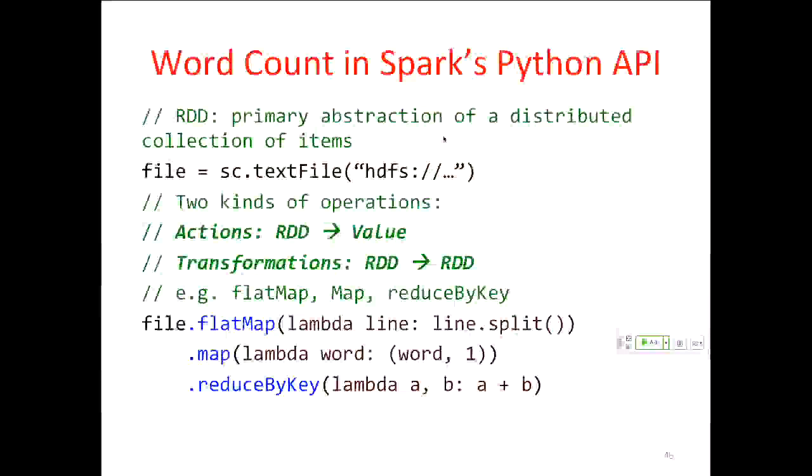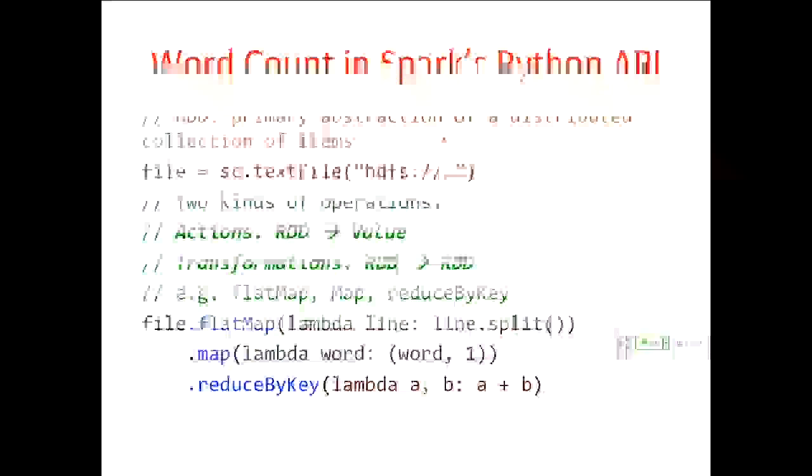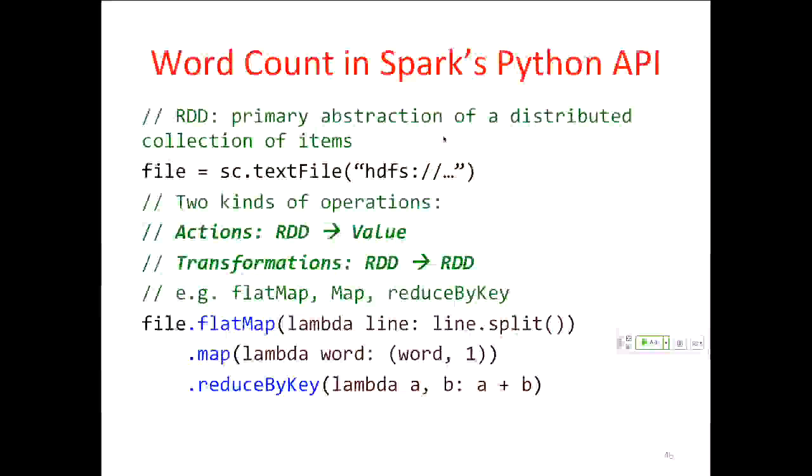There's another kind of operation, which is transformations, which gets an RDD as an input and generates another RDD, okay? Here we have the flatMap, map, and reduceByKey transformations. Before, for map, it generated word and count pairs, right?